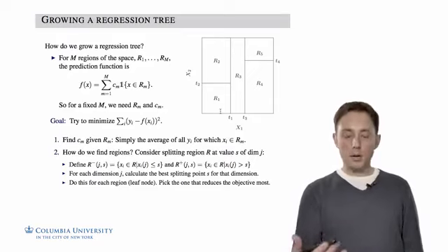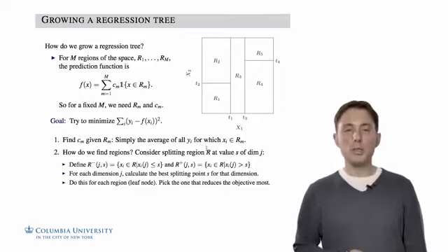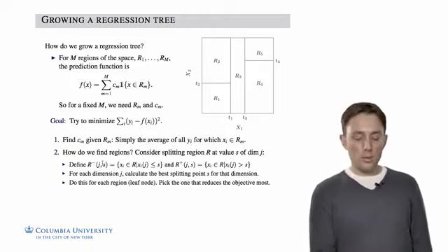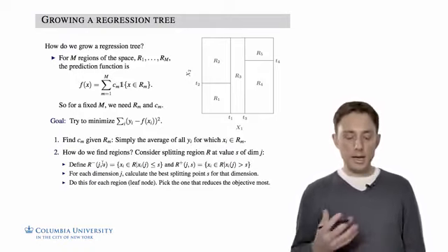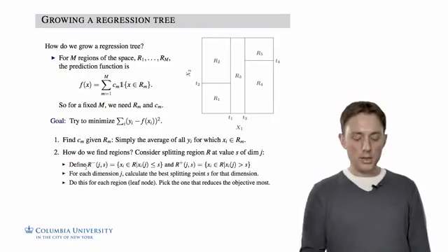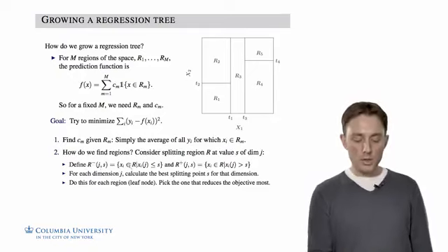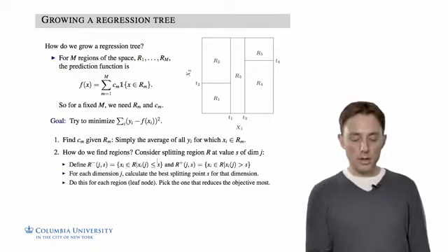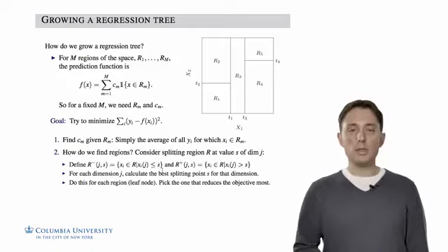We then have a proposed dimension j and a proposed value s for a particular region R. We then say, how would this partition the data in region R? So we construct a set R minus, which is all of the data that's in region R, such that the jth dimension is less than s.